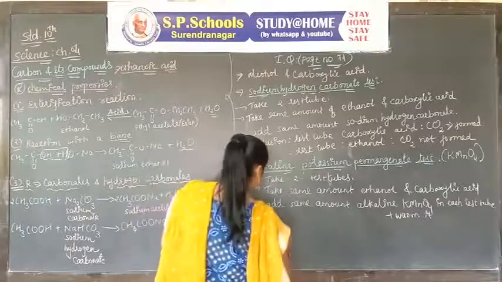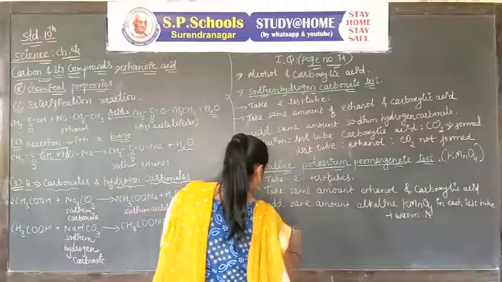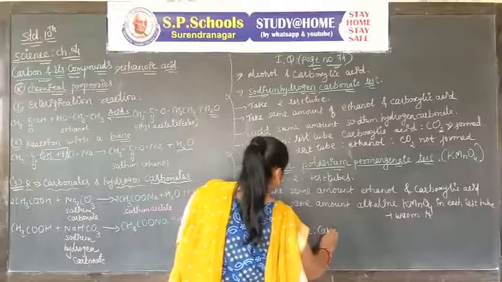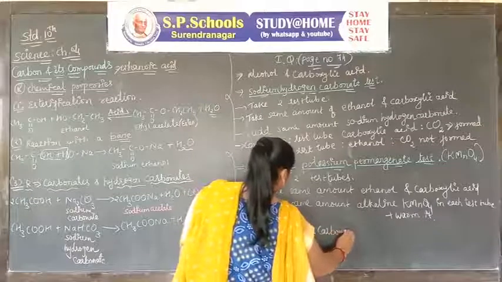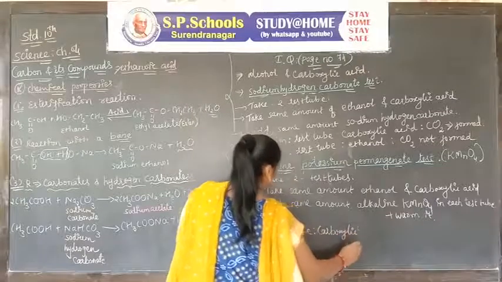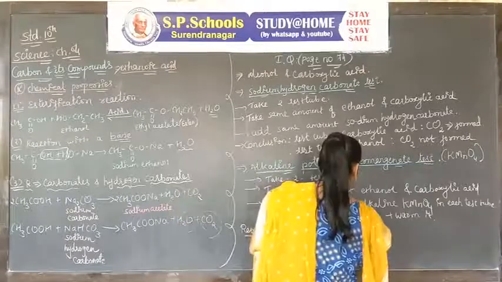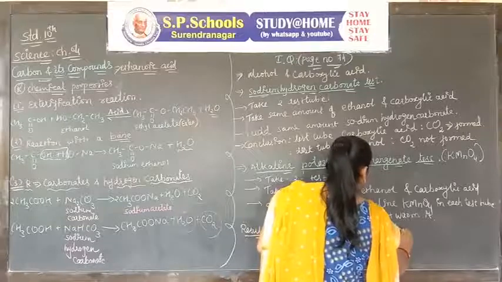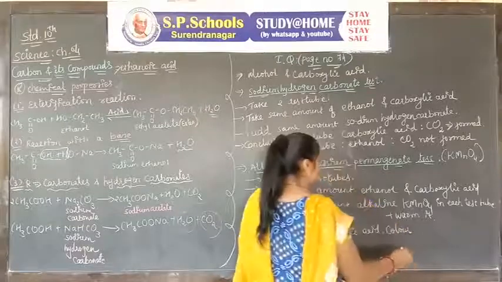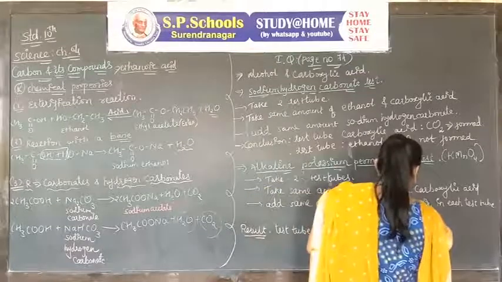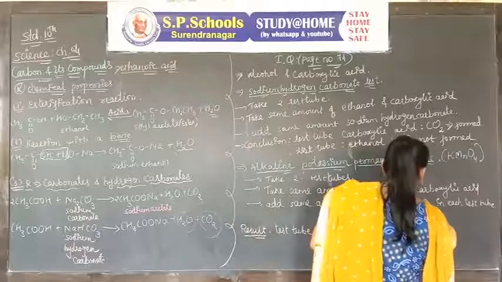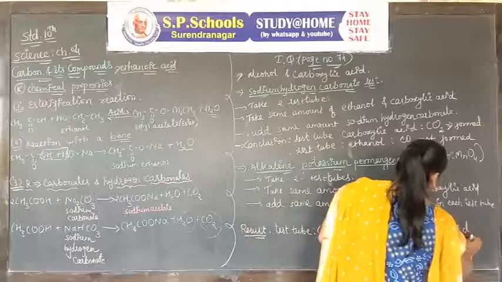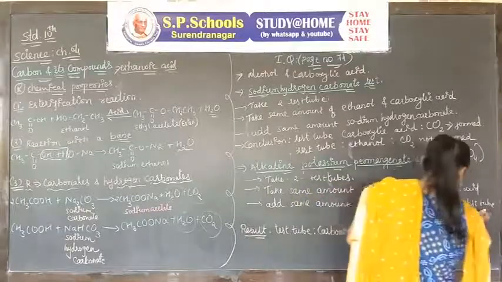In the test tube which contained carboxylic acid, the color of potassium permanganate does not change.